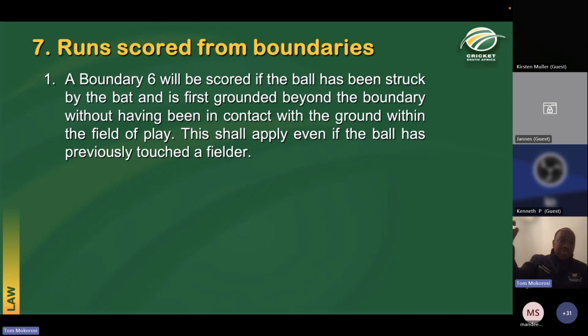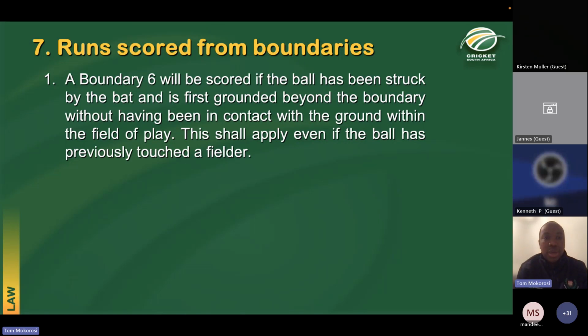The ball, after passing the striker's bat without any touch off the bat, hits the striker's helmet and ricochets or bounces off the top of the helmet, flies over all the fielders, over the boundary, and lands in the pavilion. So the ball does not bounce in the field of play after it hits the helmet.